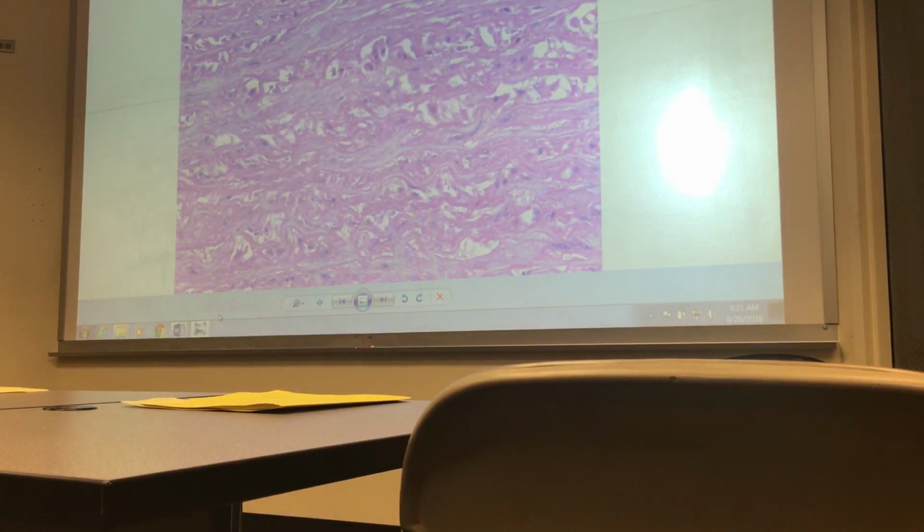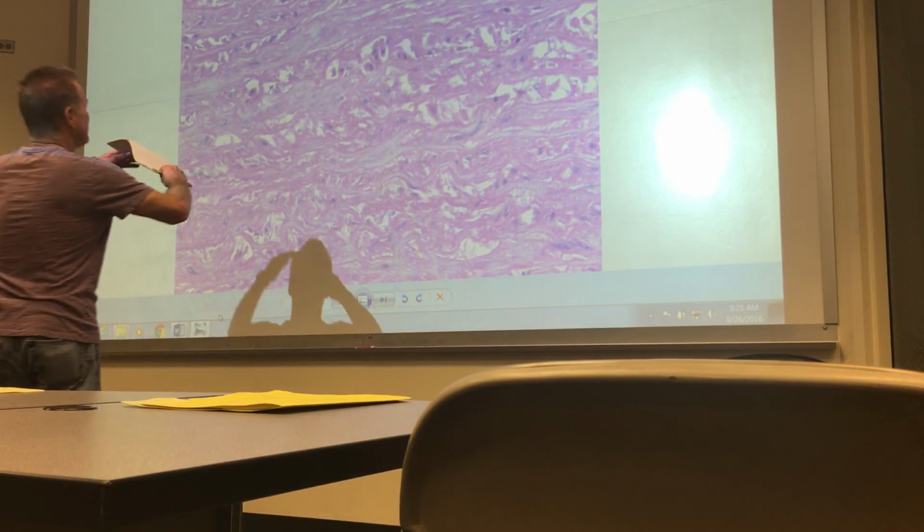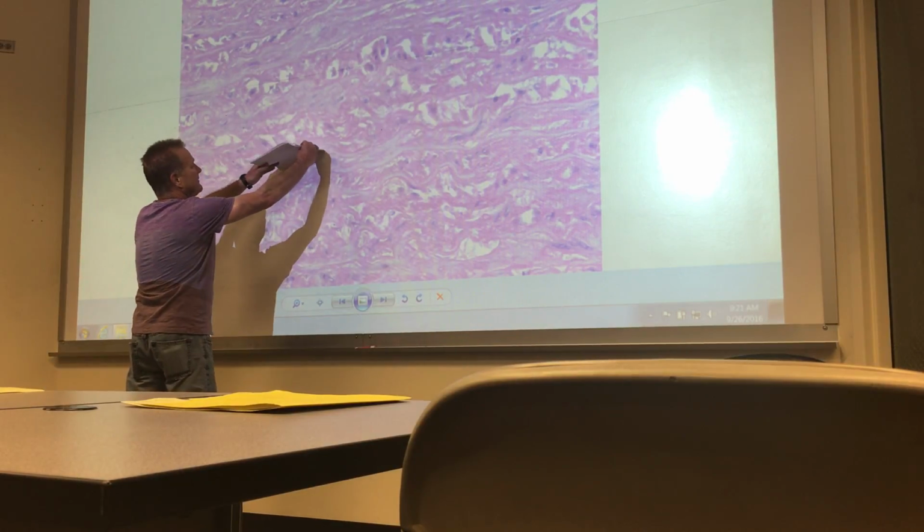So if we zoom in, that's a little higher magnification, and now really high magnification. What we actually have here are sheets of elastic connective tissue, and the sheets are oriented so that you're looking at them like that.